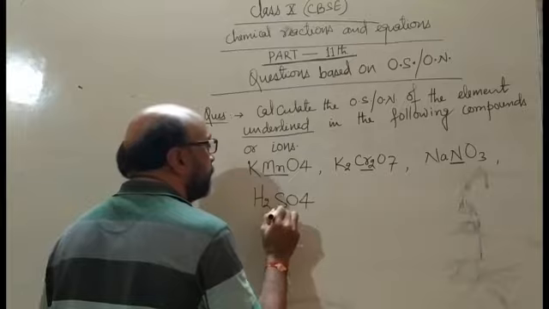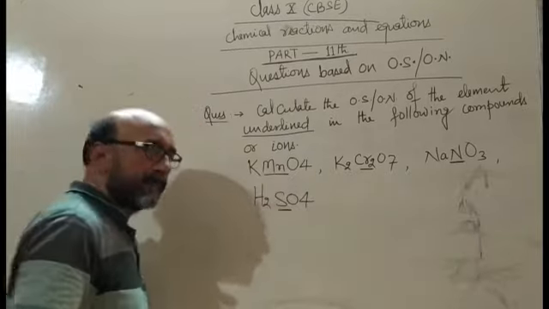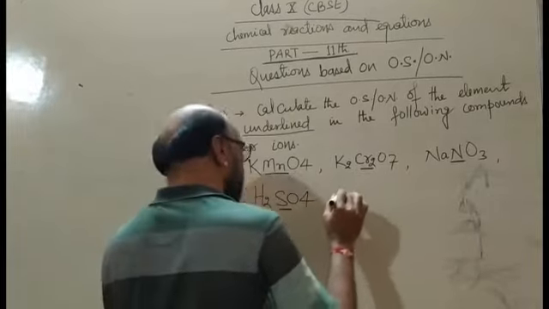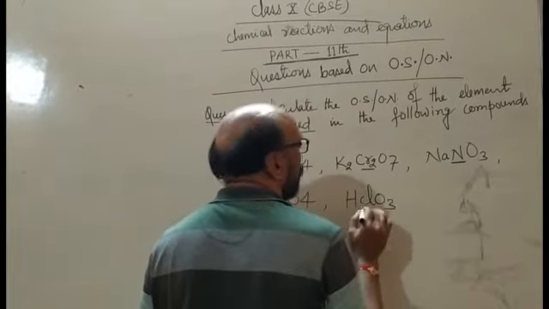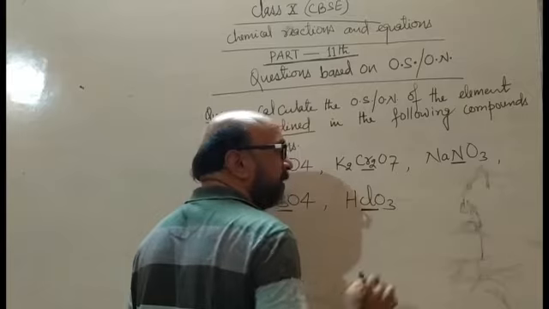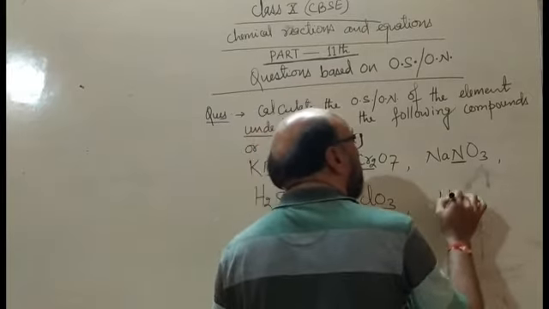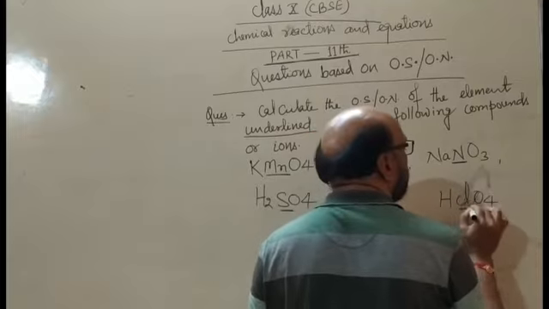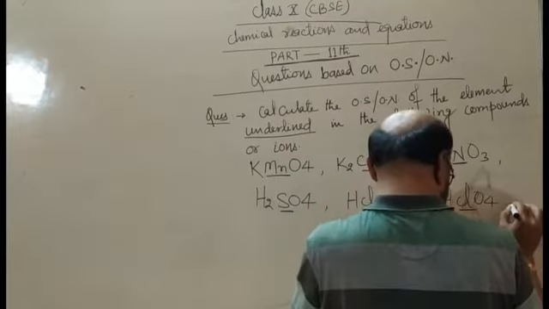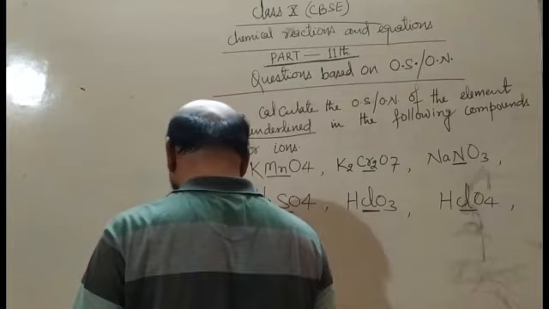H2SO4, sulfuric acid, where S is underlined. HClO3, chloric acid, where Cl is underlined. HClO4, perchloric acid, where Cl is underlined.